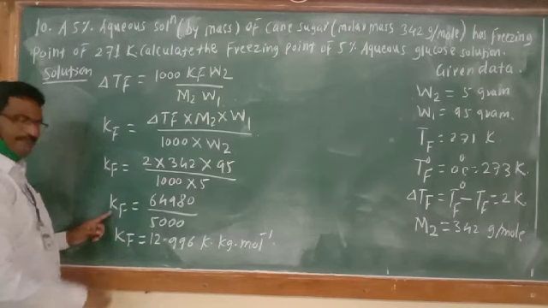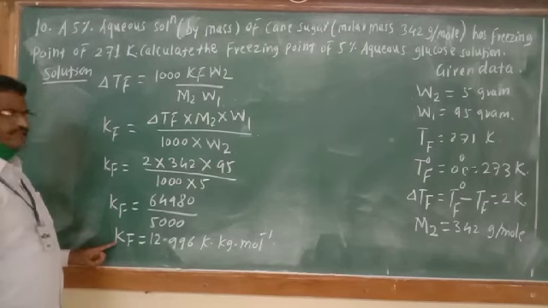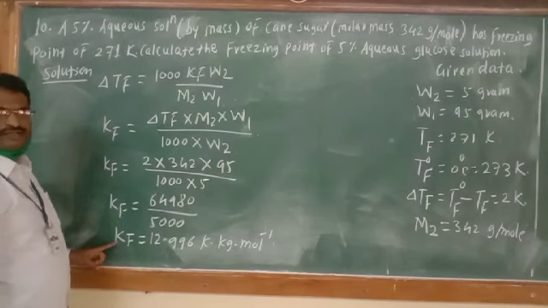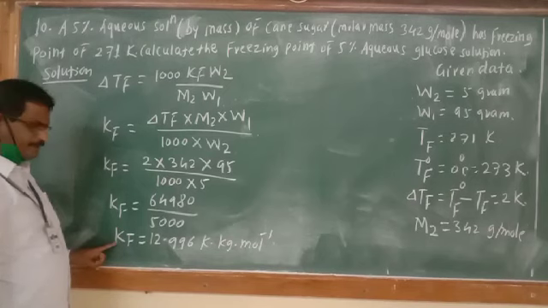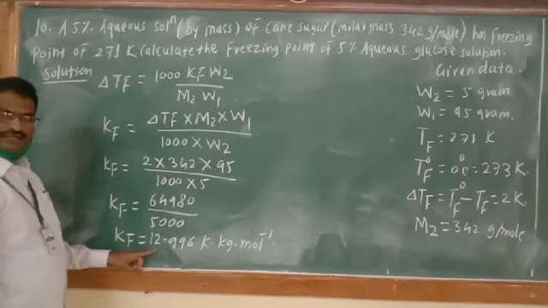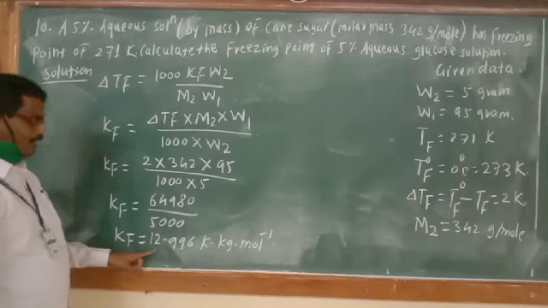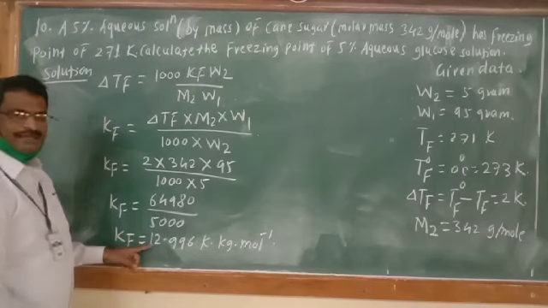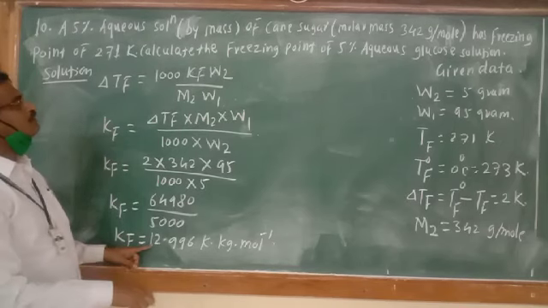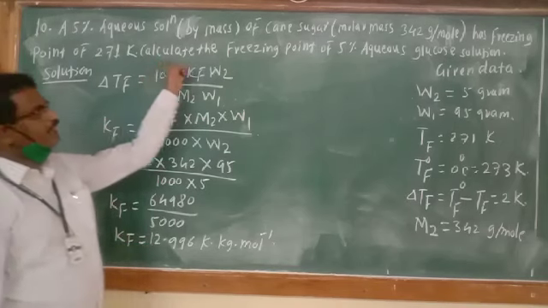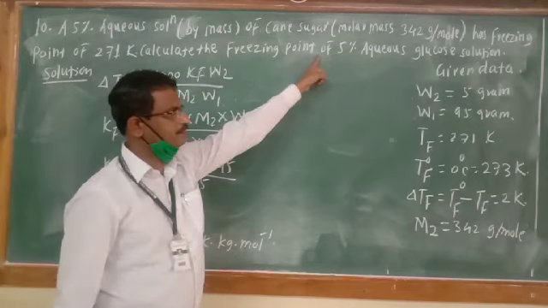This is the answer of Kf, the depression of freezing point constant. Molar depression constant we will get in this manner. And now this molar depression constant is used for the further calculation.